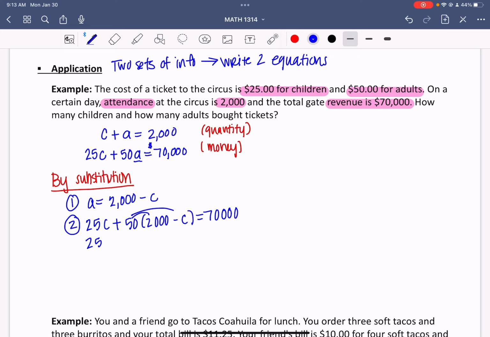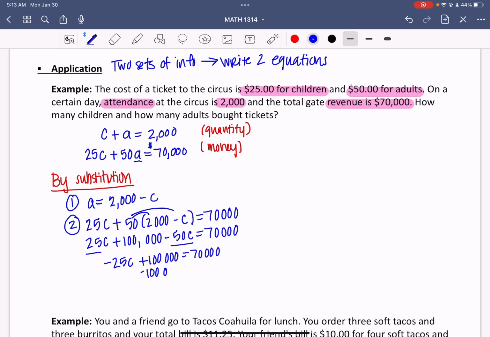So it gives me 25C plus 50 times 2,000, which is 100,000, minus 50C equal to 70,000. Then I'm going to combine like terms and solve for C. So 25C and negative 50C give me negative 25C plus 100,000 equal to 70,000.